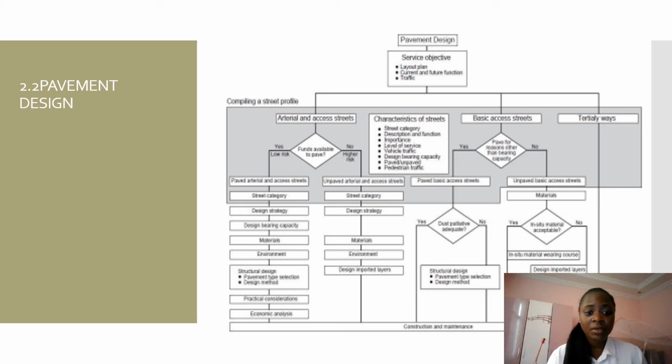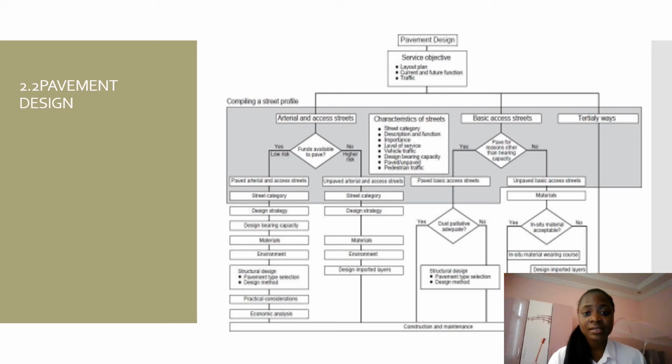Now, second of all, we have the pavement design. The pavement design here is everything that deals with the layers of a road, because we have different layers. We have the subgrade, the sub base, the base, and the surfacing.